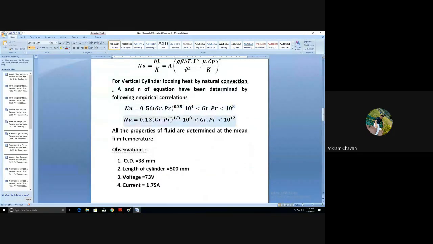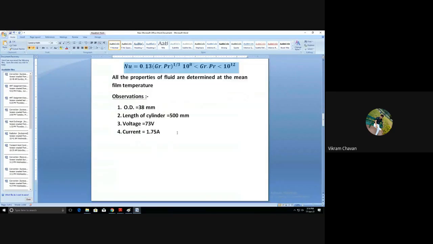If this value is in between 10 to the power 4 and 10 to the power 8, then we have to use the first correlation. And if this value, Grashoff's number multiplied by Prandtl number, is greater than 10 to the power 8, then we have to use the second condition. Our value is in between 10 to the power 8 and 10 to the power 12, so we can use this second condition.